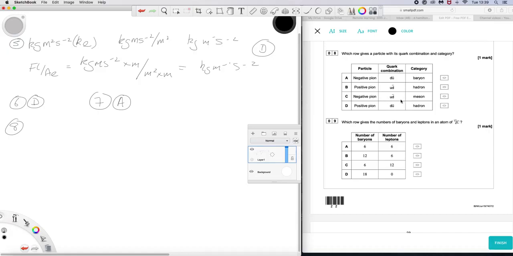So it is a hadron, it is positive, and therefore it's B.